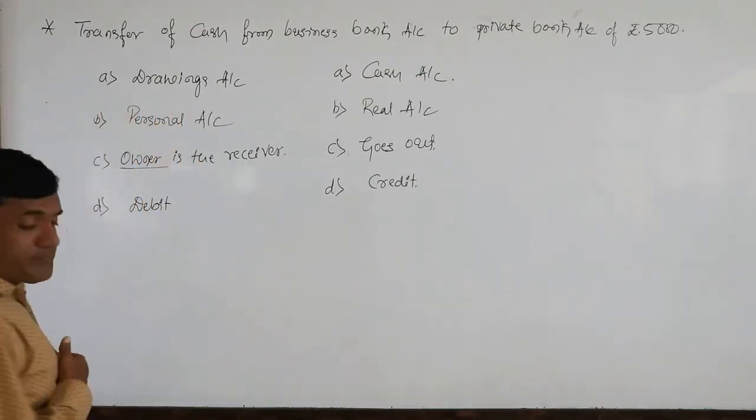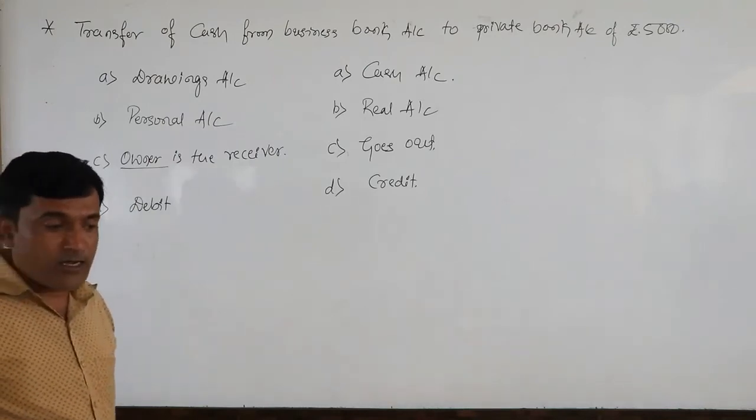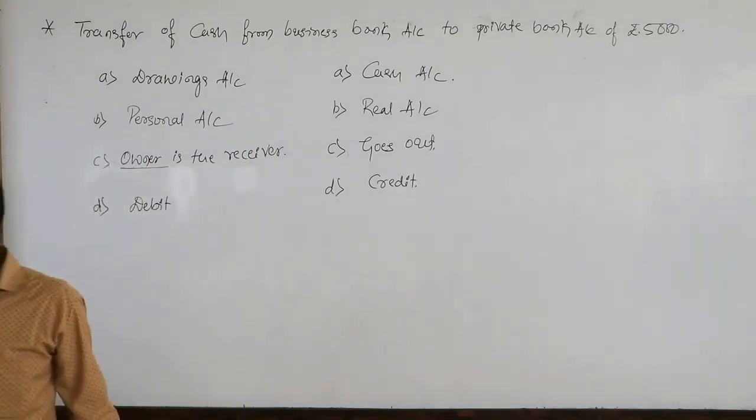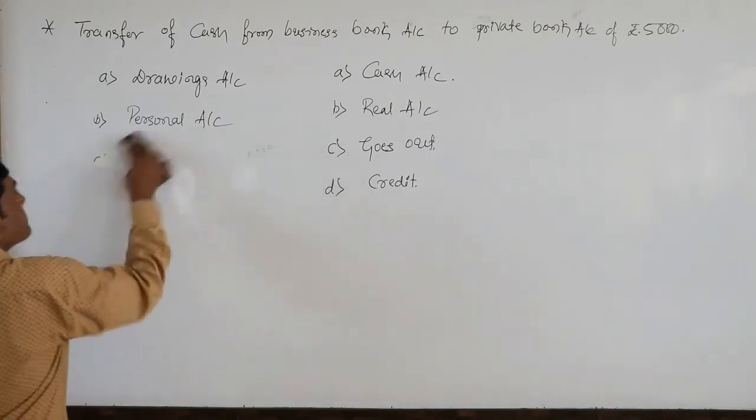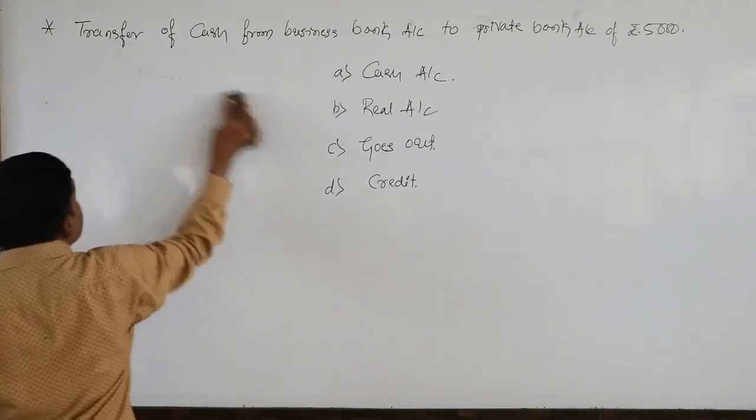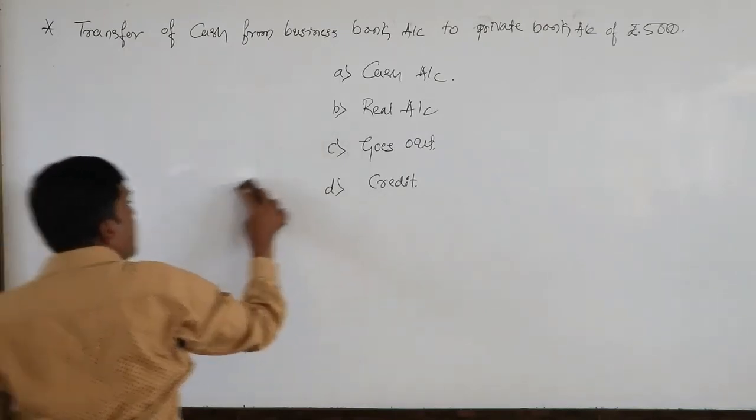So like this. We can make one more example from this reverse transaction. So let it be. Now I am going to discuss one more example, one more live example that is very important.